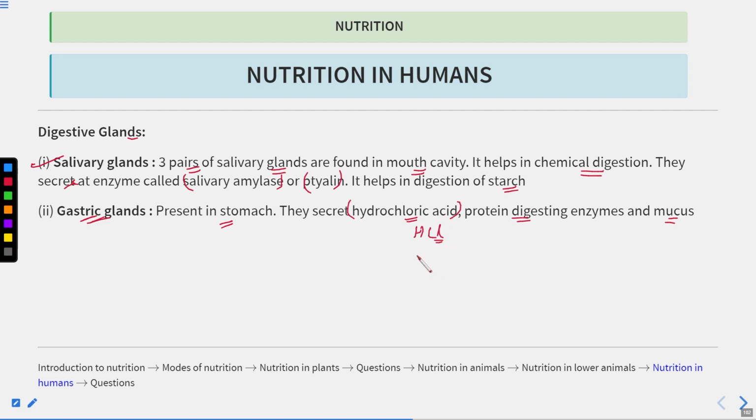It maintains the acidic pH, and all the enzymes function at this acidic pH. Apart from it, it also secretes protein digesting enzymes such as pepsin and trypsin, and also secretes mucus. So mucus protects the stomach wall from the hydrochloric acid.